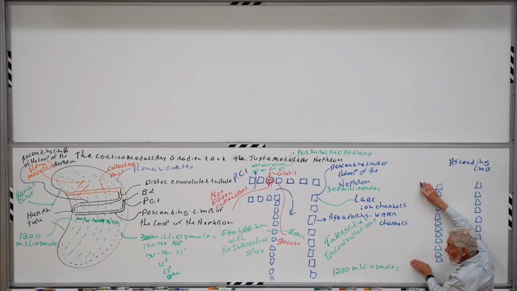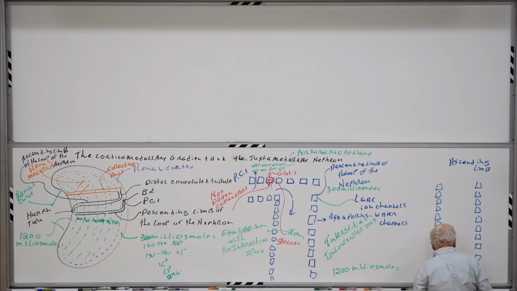The same orientation applies, and what I mean by that is this is medulla. So the concentration down here is 1200 milliosmoles.